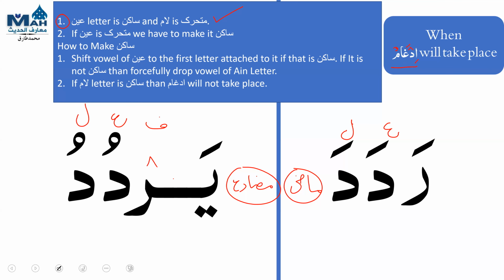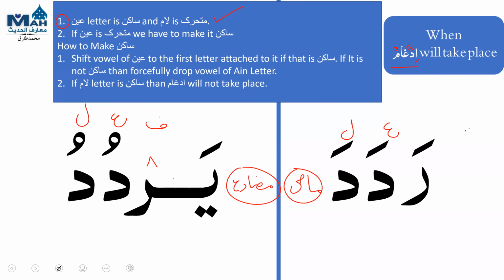Now what we'll do? First we'll see ra dal dal. In this position, is the condition there to merge? Can you observe? What is the condition? Read condition number one. Ayn letter is sakin and lam is mutaharrik.